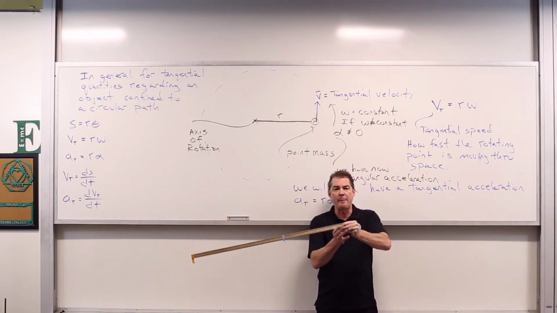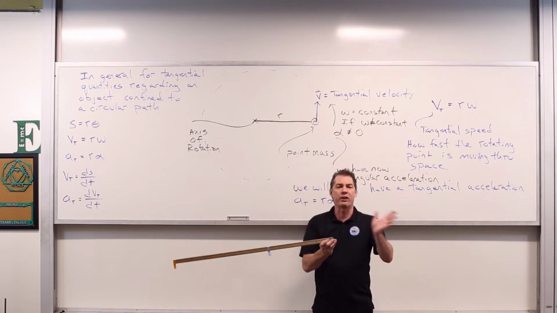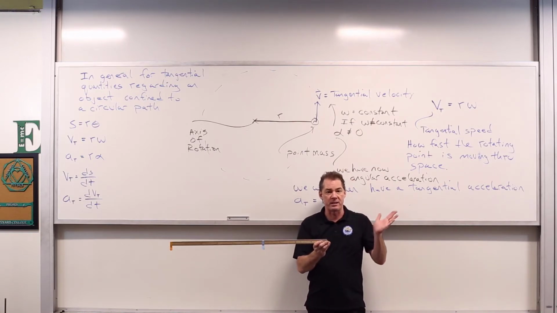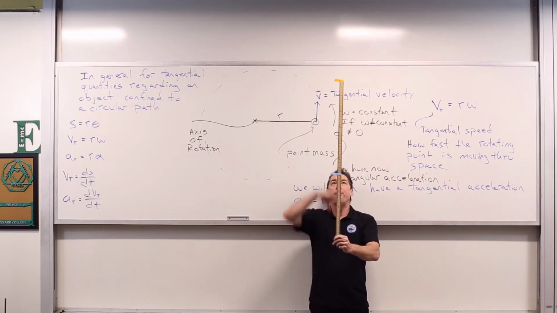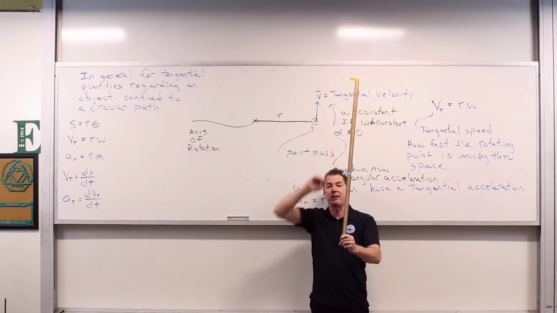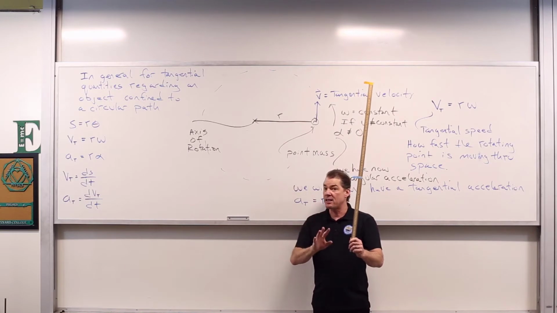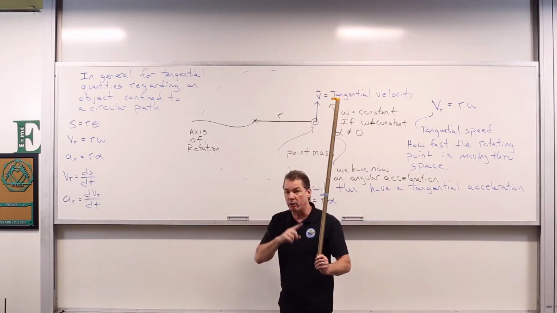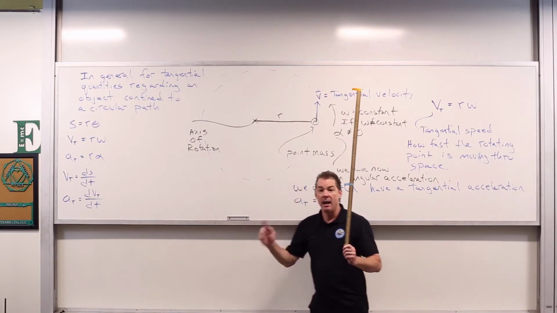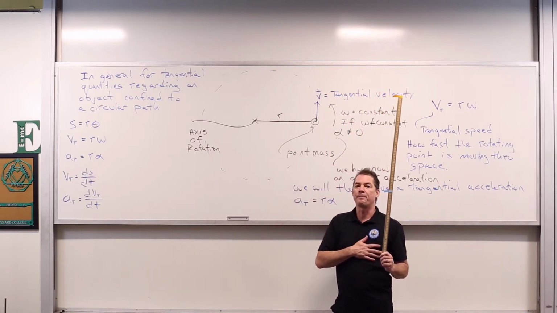This is a rigid object that undergoes the same angular displacement as a whole over the same time interval. I rotate it from here to here. Every point on this moved through the same angular displacement. And thus, every point on this extended object had the same angular velocity at any given moment in time and underwent the same angular acceleration.